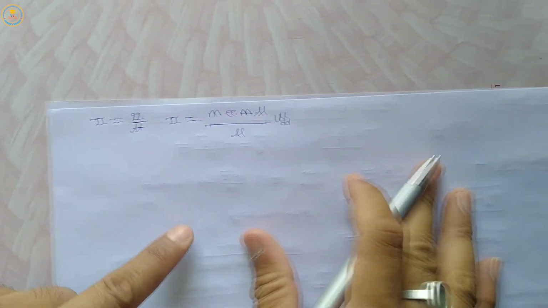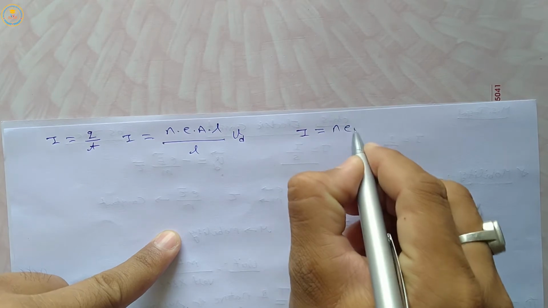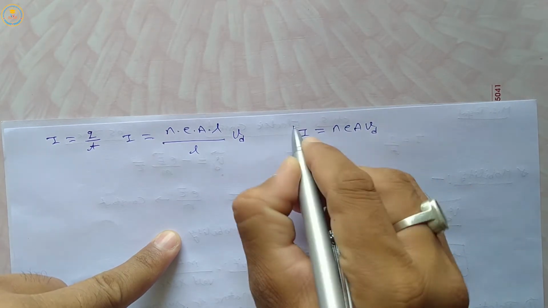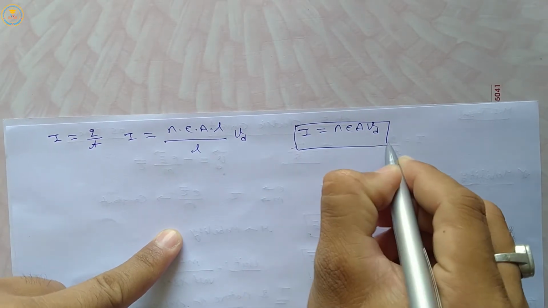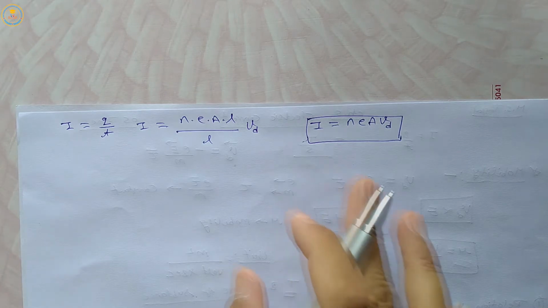L and L cancel out. Then we get I is equal to n e A Vd. This is the relation between drift velocity and electric current. This is a very important relation for our next derivations, so learn it.